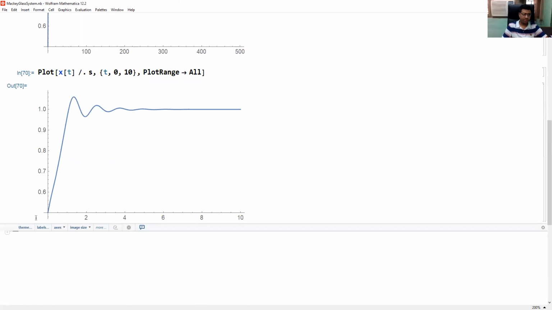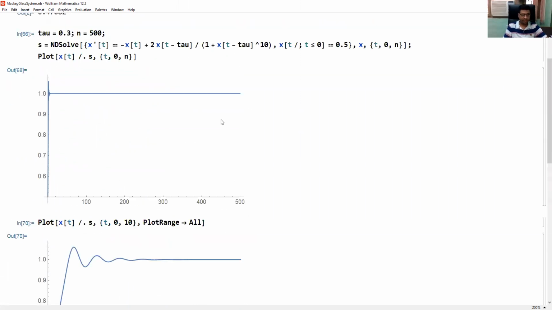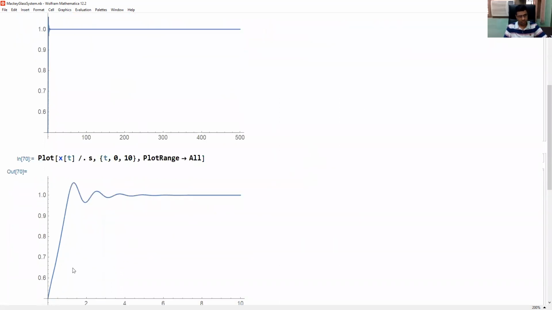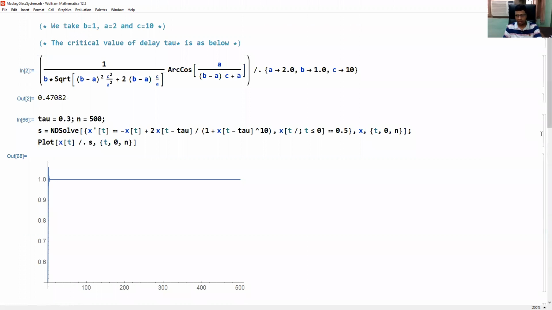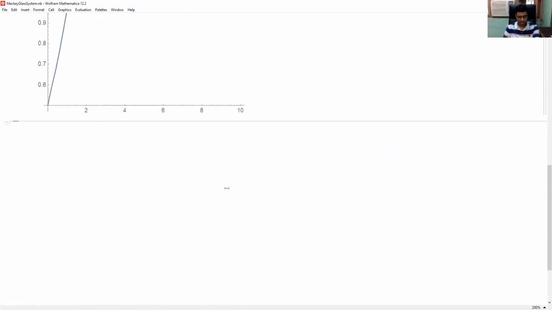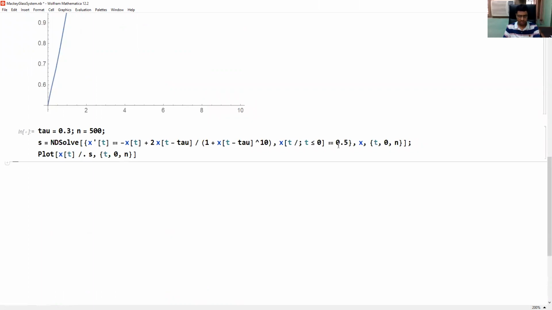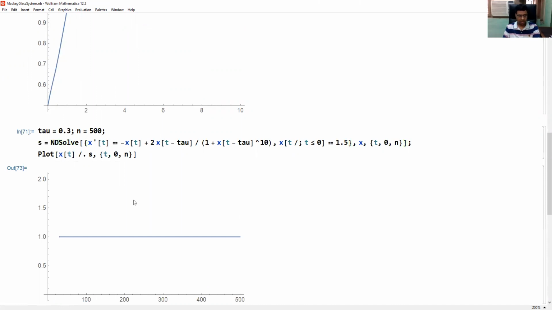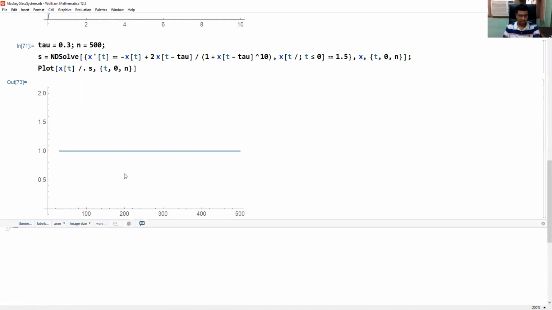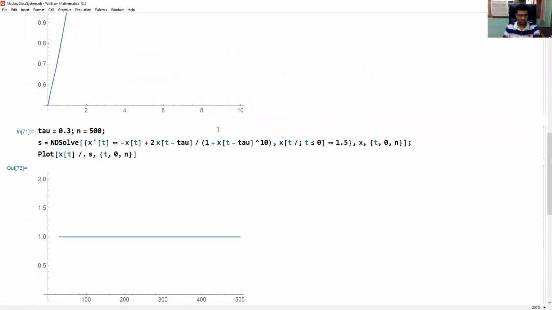Now we can see these are oscillations, and then the trajectory is settling to 1. So 1 is attracting the solutions. Let us select some other initial condition, say 1.5 instead of 0.5. Again, we are getting a similar thing, convergence.